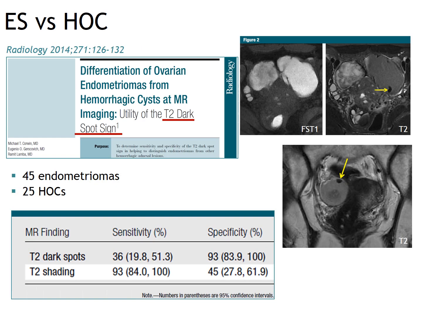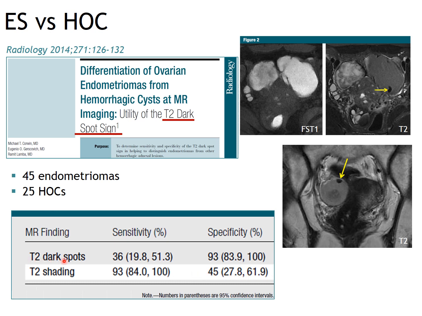There was a nice article published in 2014 in Radiology reporting the utility of T2 dark spot sign. In this article, they compared T2 shading and T2 dark spot sign in 45 endometriomas and 25 hemorrhagic ovarian cysts and found that T2 shading sign has high sensitivity but low specificity.